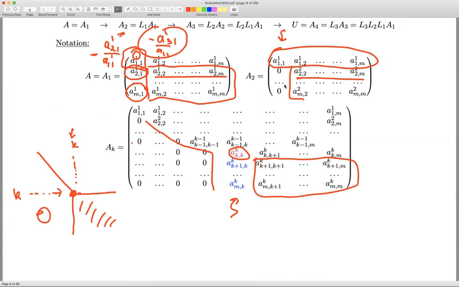Now we basically repeat this operation. We forget about this part of the matrix, and then we concentrate only on this matrix. If we do operations between the rows from the second to the nth, these operations will not affect the first terms of this row because they're all 0.